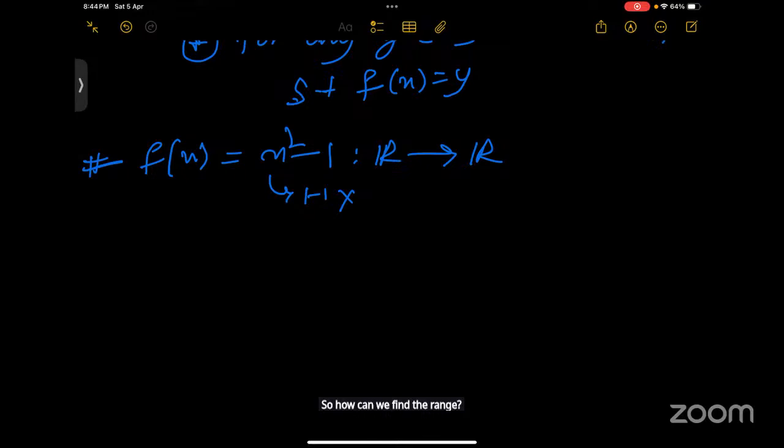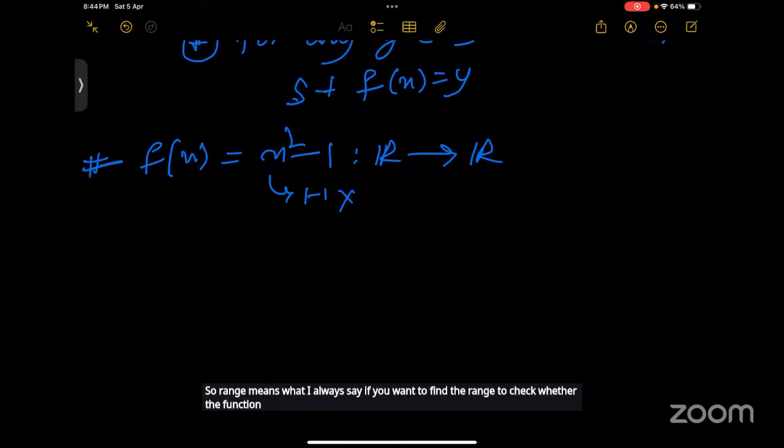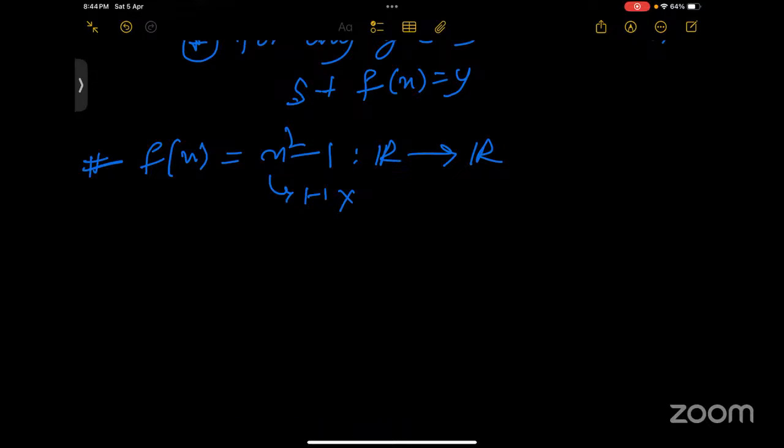If you want to find the range, you have to check the functional value at the boundary points. The domain is the real numbers. Is there any issue with the domain? No, ma'am. The domain is real numbers, the codomain is real numbers, which is fine, but we want to find the range.